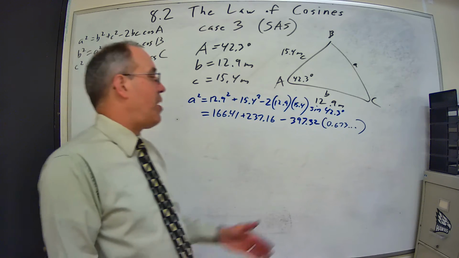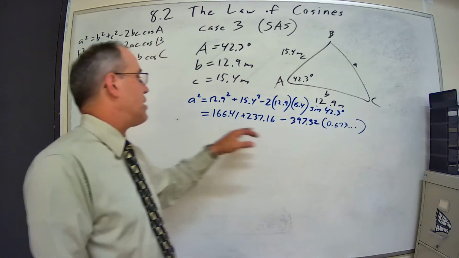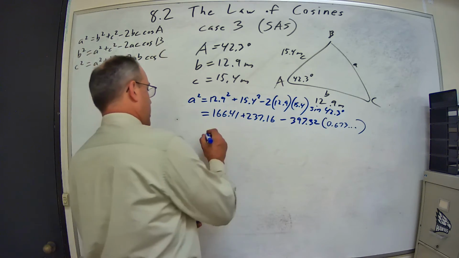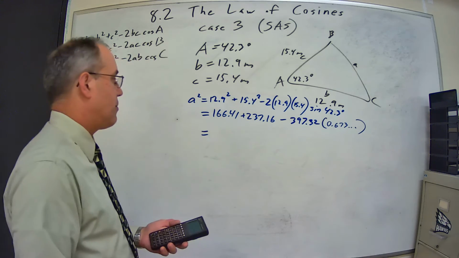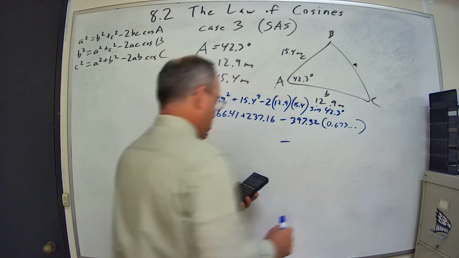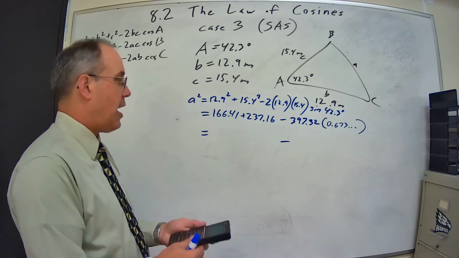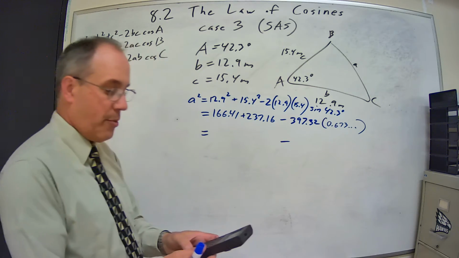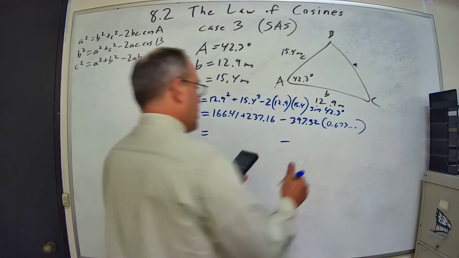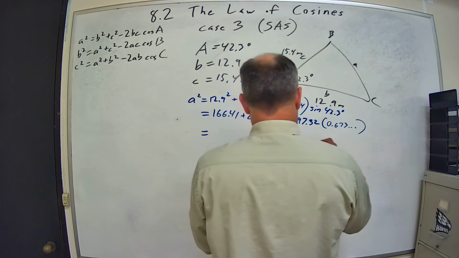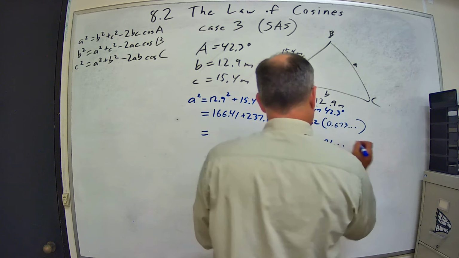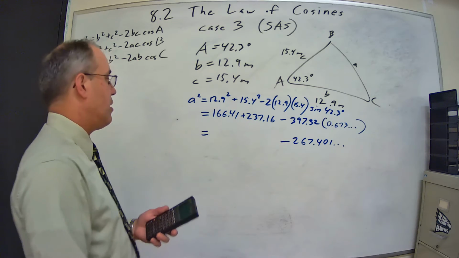So remember order of operations, you're going to multiply this first, and then you're going to add and subtract. So minus the 397.32 times this 0.673, whatever it happened to be, gives us 267.401, continuing on.